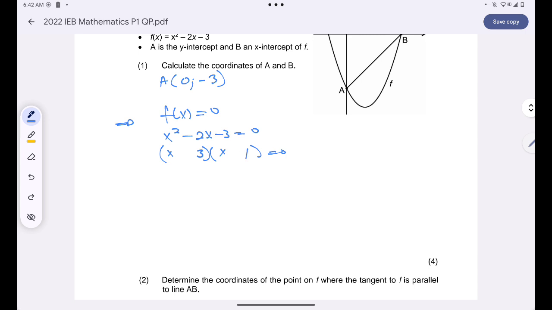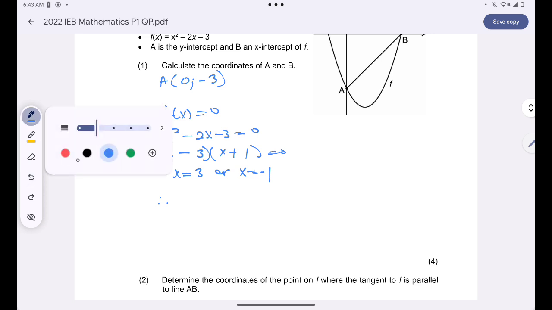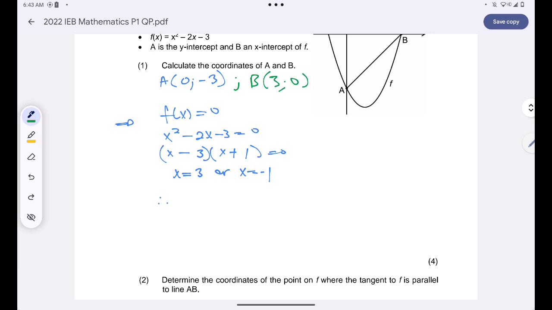Obviously the bigger factor will take the sign of the middle term, minus and plus, then x is equal to 3 or x is negative 1. Okay, so therefore the coordinates of b, let me write them there at the top in green, I have 3 and 0.